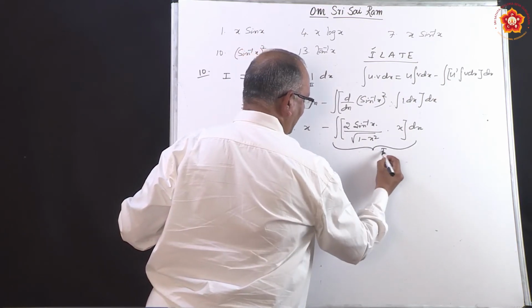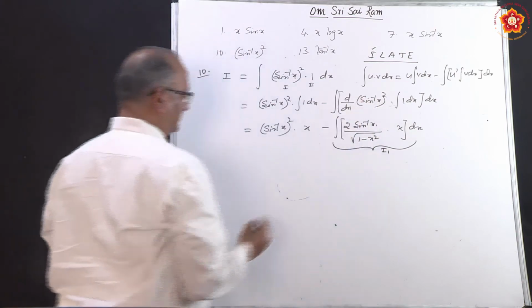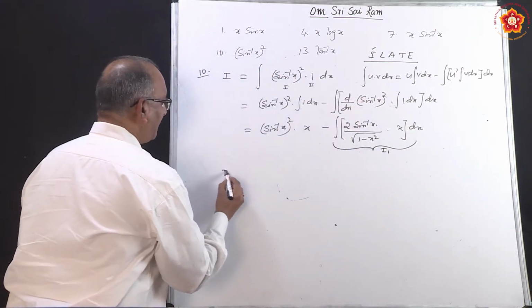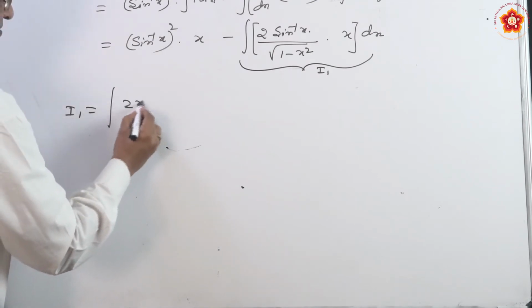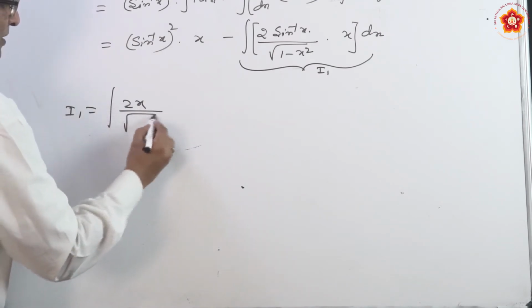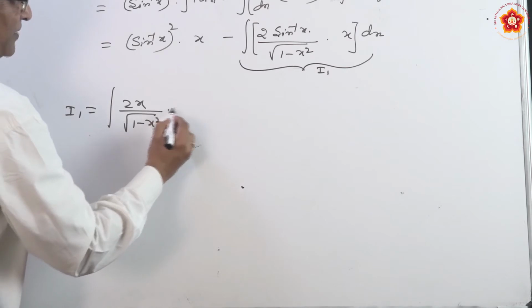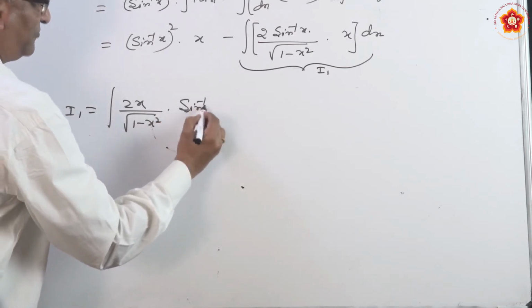You can call this whole thing I1. So what is I1? Integral of 2x upon under root of 1 minus x square into sine inverse x dx.